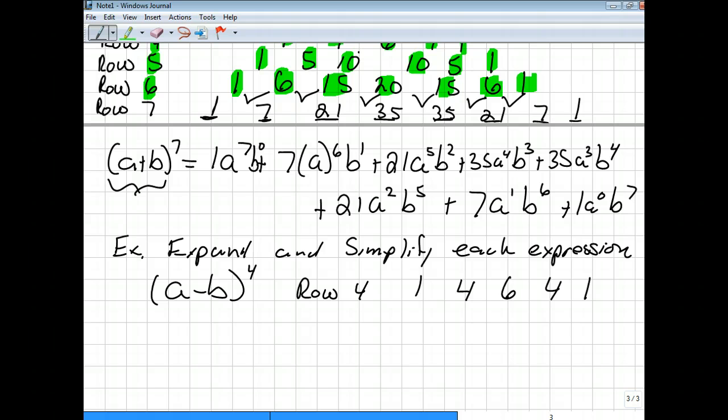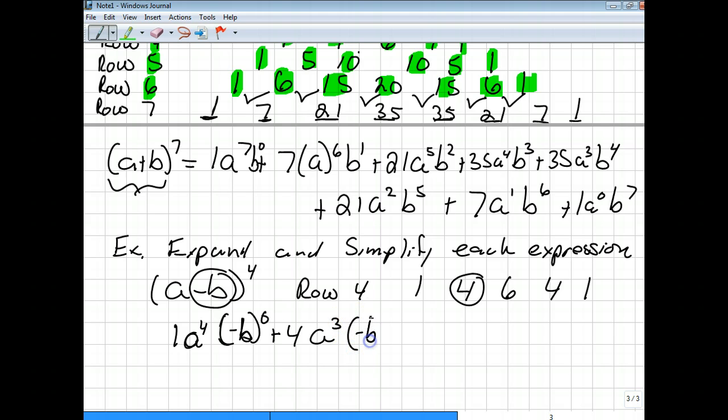Okay, so then it would be 1 times a to the 4th, and this is a negative b, so it's negative b to the 0, plus the next number is a 4, a to the third, negative b to the 1, plus the next number is a 6, a to the second, negative b to the second.